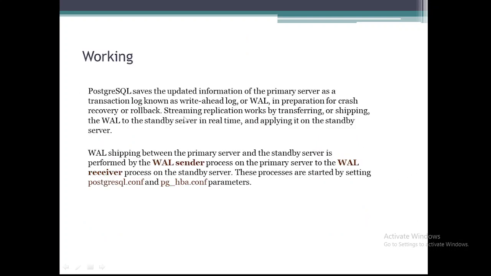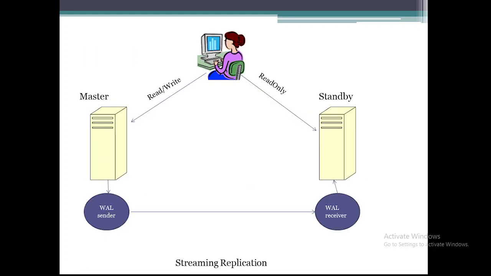Streaming replication works by transferring or shipping the WAL files to the standby server in real time and applying them on the standby server. WAL shipping between the primary server and the standby server is performed by the WAL sender process on the primary server and the WAL receiver process on the standby server. The WAL sender is at the primary or master server. The WAL receiver is at the standby or replication server.